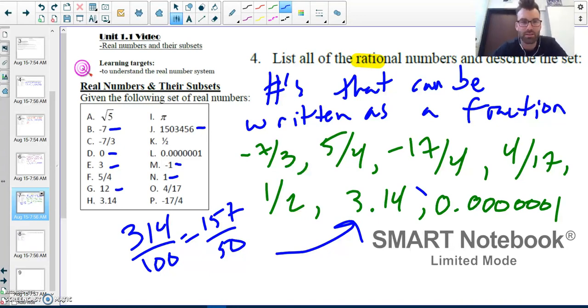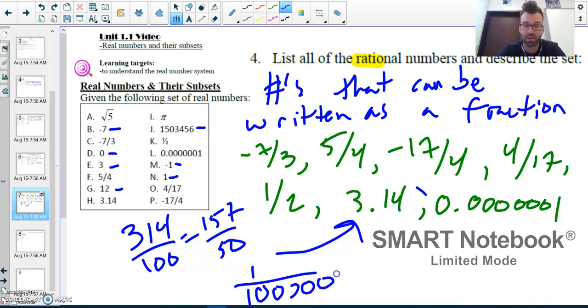But anyway, let's get back to our discussion. This number here, 0.0000001, that's a lot of places. That means I move the decimal place 7 times, so I could do 1 over 1 followed by seven zeros.